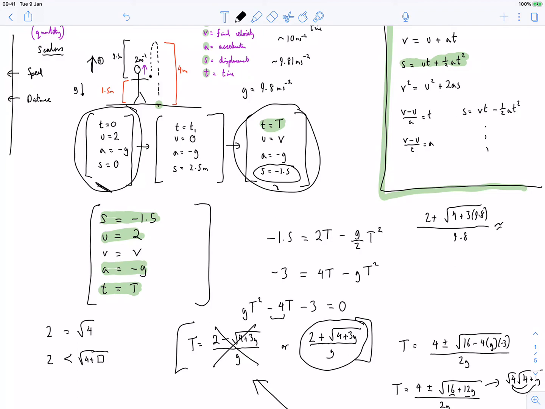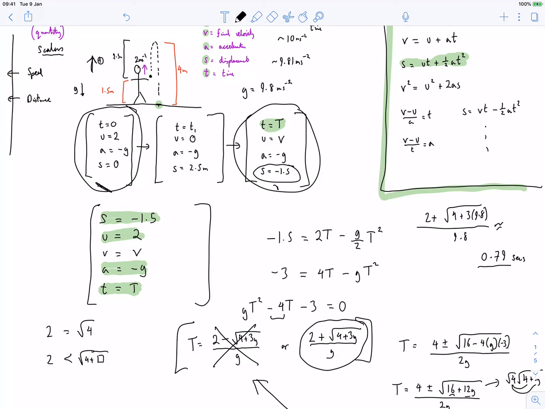And that works out to be approximately 0.79 seconds to 2 decimal places.